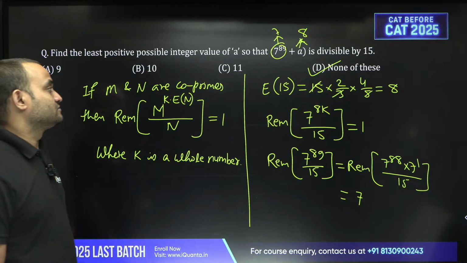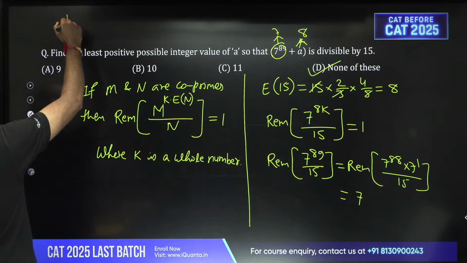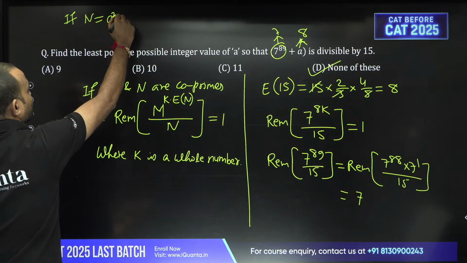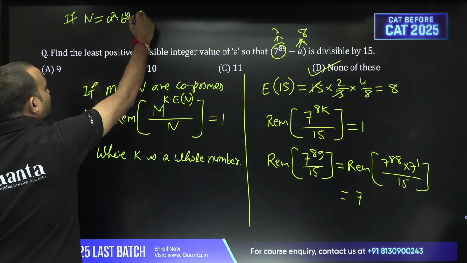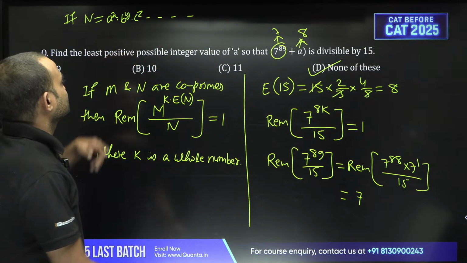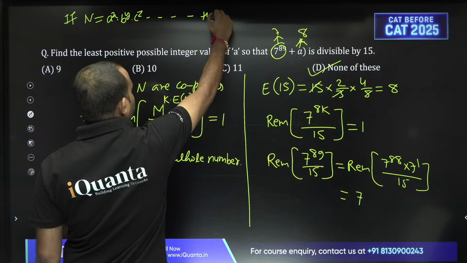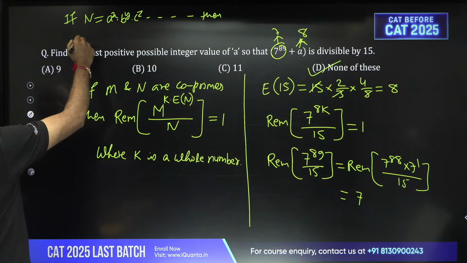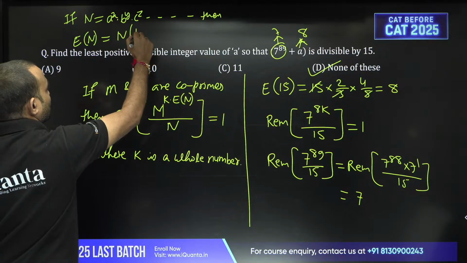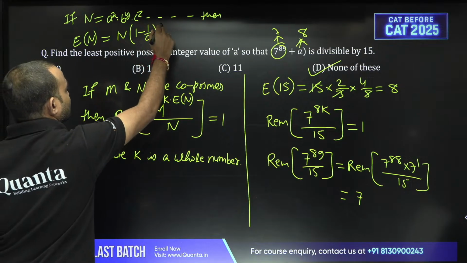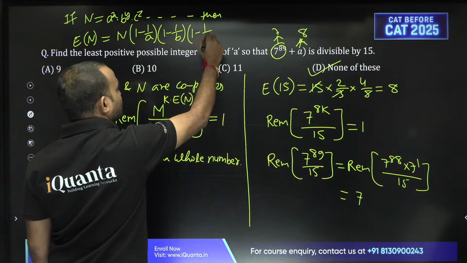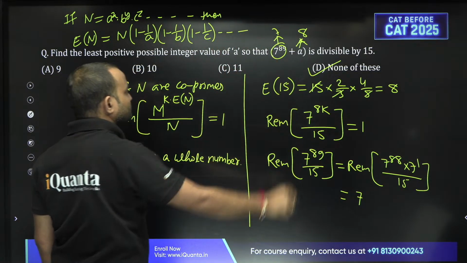How did you find Euler? Look, the method to find Euler: if n is equal to a to the power x, b to the power y, c to the power z, which is the prime factorization of n, then Euler of n is equal to n into 1 minus 1 upon a, 1 minus 1 upon b, 1 minus 1 upon c and so on.